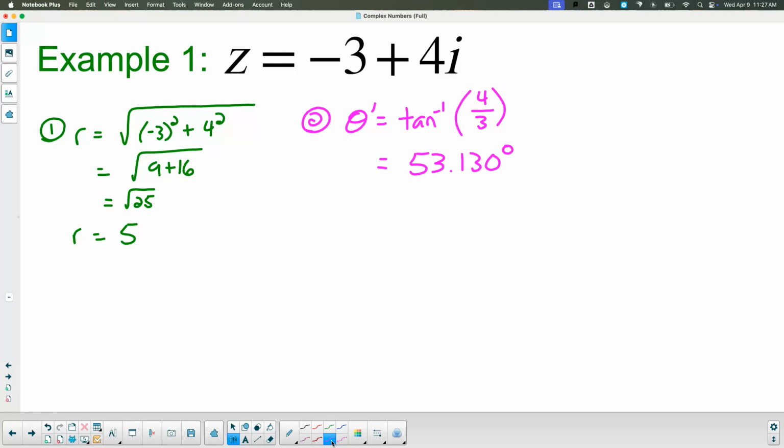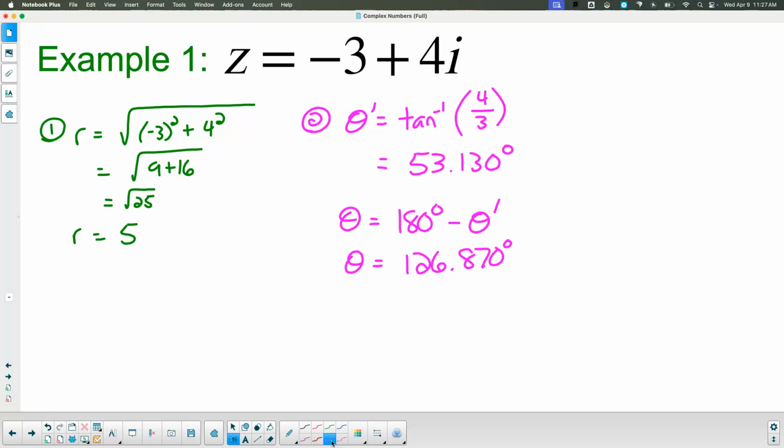It's actually in quadrant number 2, so that means that actual theta here is going to be 180 degrees minus the reference angle. So that means that actual theta here is going to be how much? 126.870 degrees. Good with me so far?